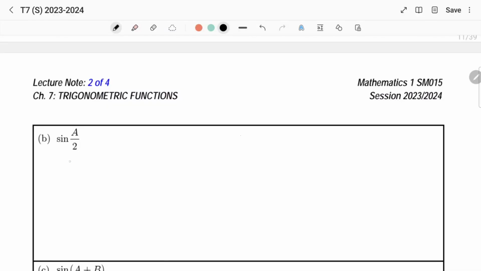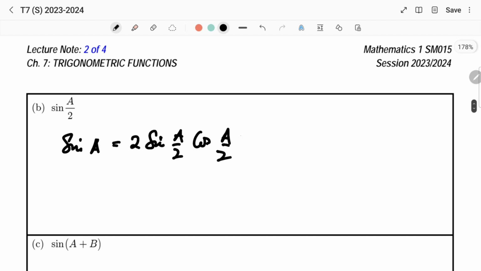Example 12, part B, we have sine A over 2. Using the half angle, sine A is 2 sine of A over 2 cos A over 2, so we are using this. We want to find sine A over 2.